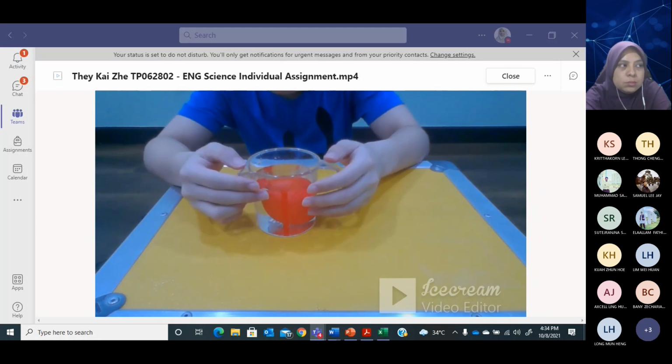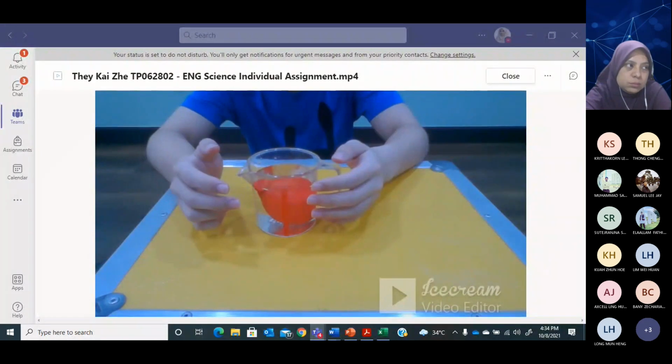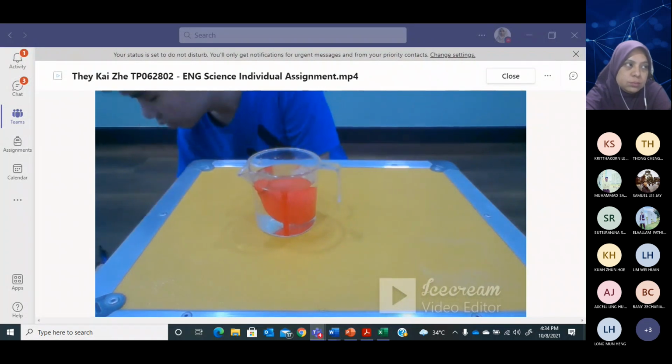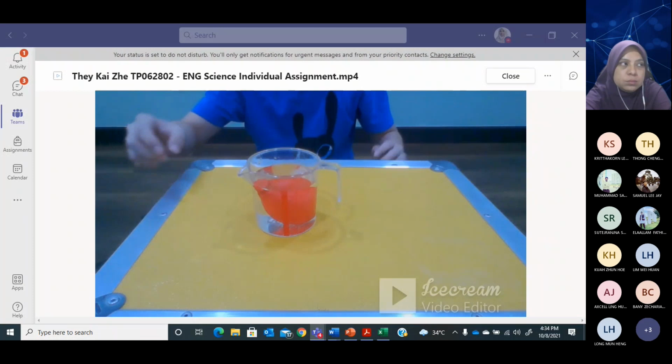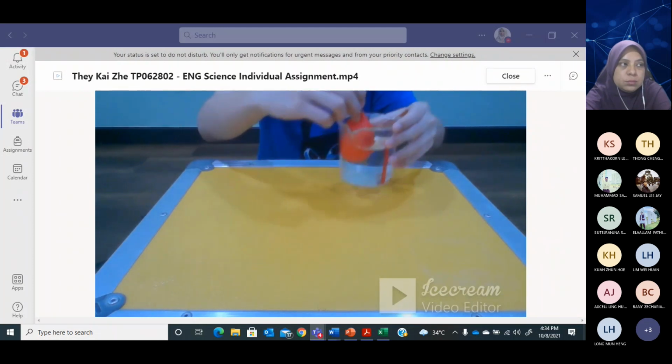And the measuring here is 250 milliliters. So that means that the volume of the water balloon is 60 milliliters. Then next I will measure the mass of the water balloon.